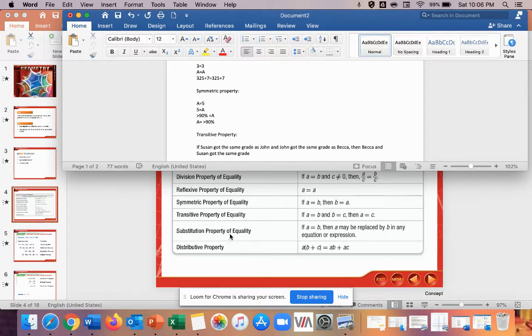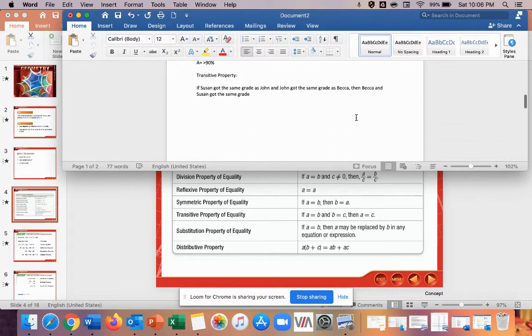And then you've got the substitution property of equality. If A equals B, then A may be replaced by B in any equation or expression. I don't think I made one for that one. I did not. Okay, so substitution, we've done this before. If I'll actually put it right down here. Substitution.